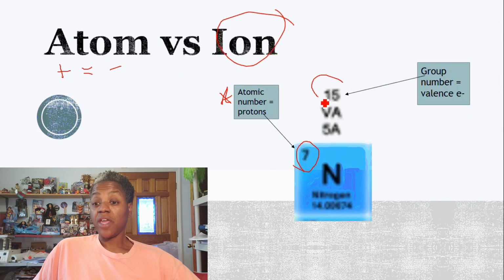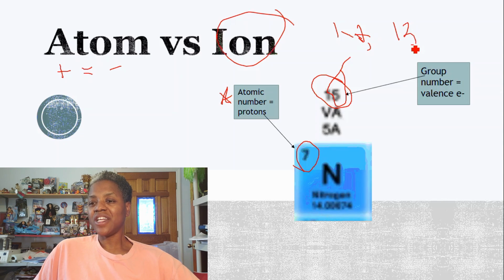When you find the location of the element on the periodic table and you look at the group number, the number that's in the ones place, now this is only for groups 1 and 2, and groups, sorry, writing with a mouse is a challenge, 13 through 18. Those groups, we take the number that's in the ones place, and that tells us the number of valence electrons.